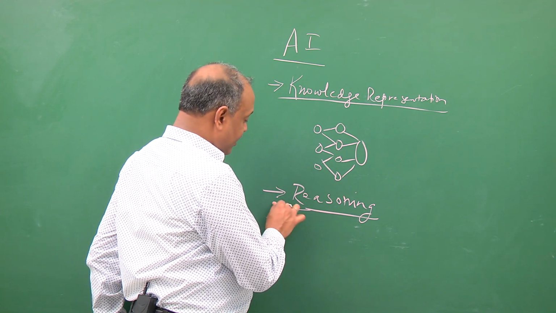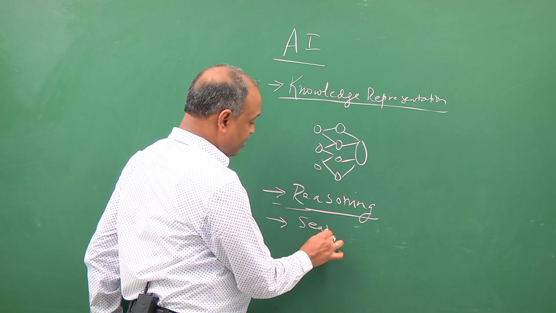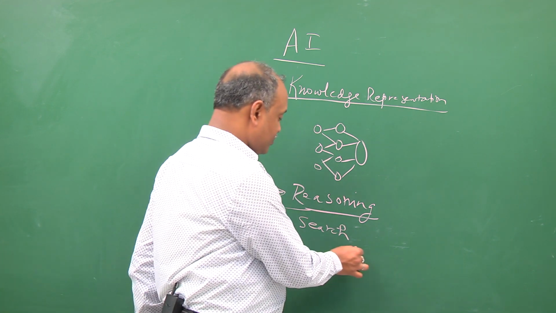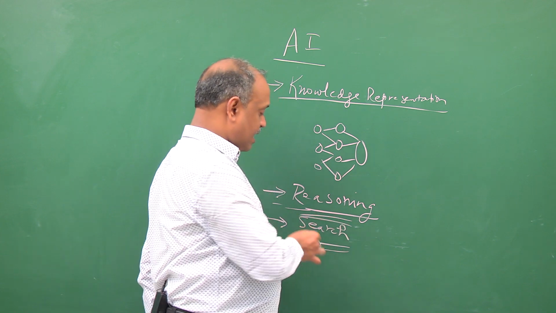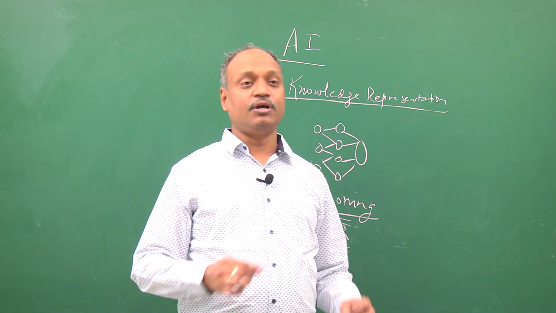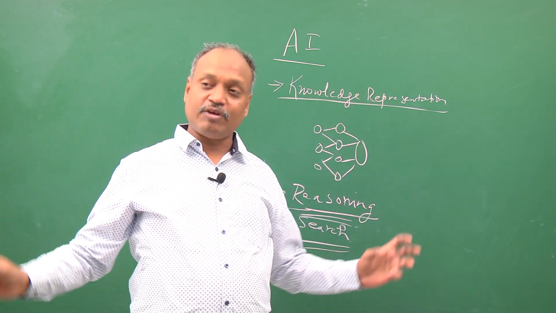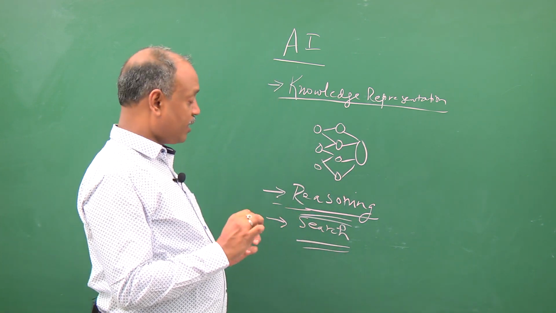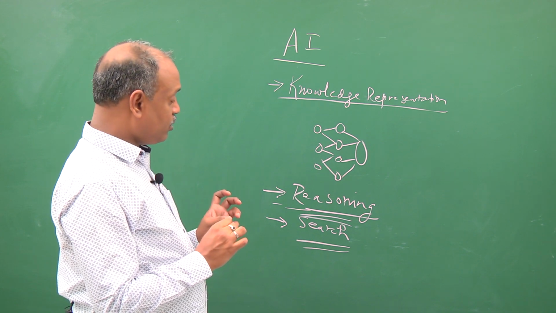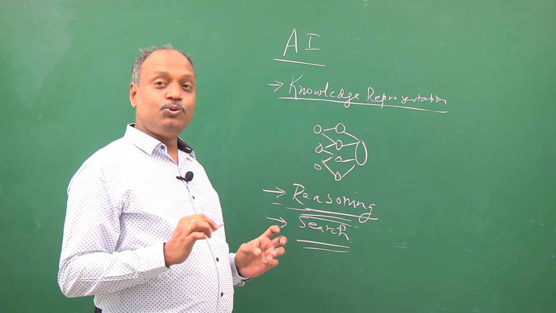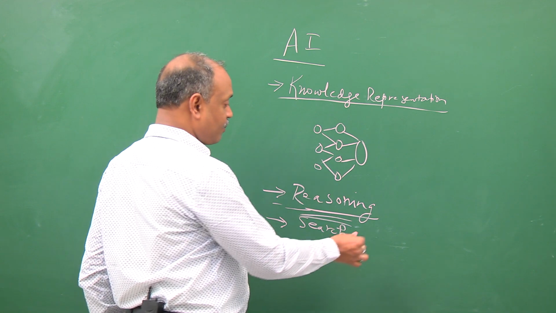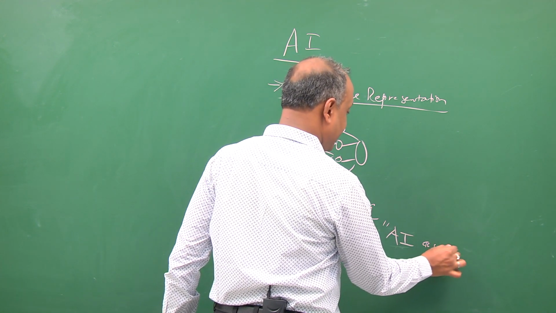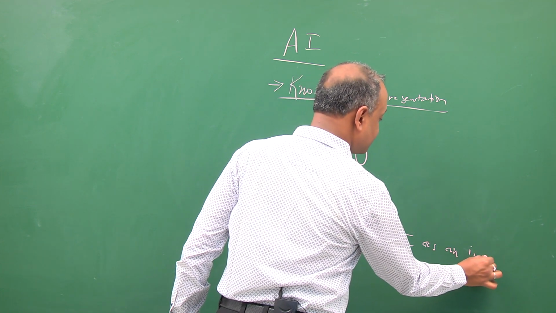Then the other aspect, which we have already covered briefly in the overview of AI, is that any AI program is ultimately a search through a possibly infinite set of possible solutions for any question. So in that sense, you have a very interesting proposition. We call AI an inexact science.